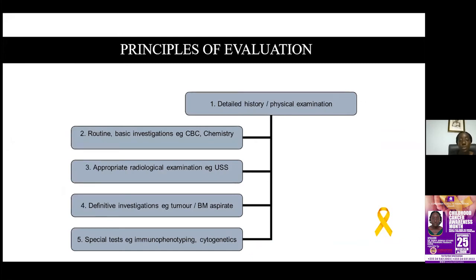So the principles of evaluation: we know that for any patient, the key to making a good diagnosis is a detailed history and an appropriate physical examination. With the history, you want to find out the onset. You know that cancers are usually insidious, so it's not a sudden onset, it takes a while.